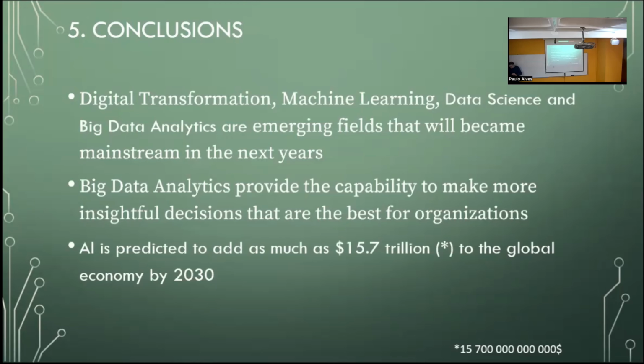So we need to have this kind of tools to improve the digital transformation of companies, which is very important. A lot of data is being produced in the company with digitalization. So we need to transform this data to create insights.